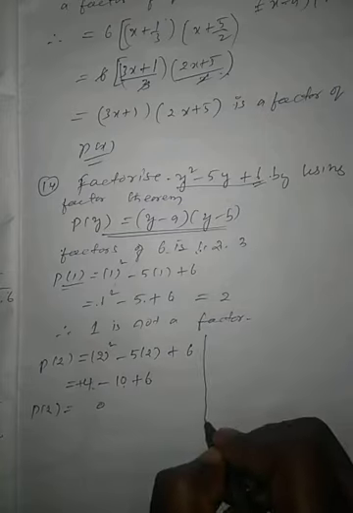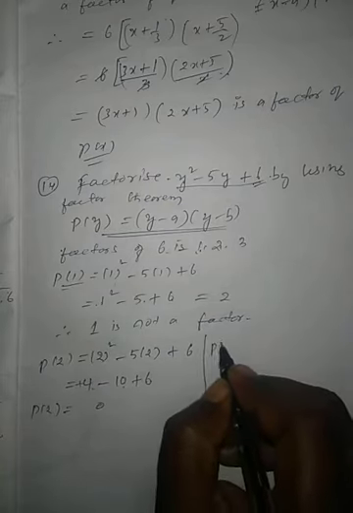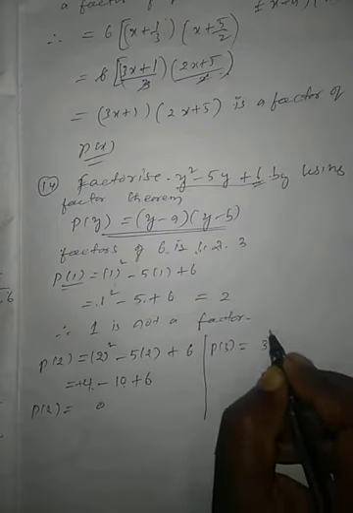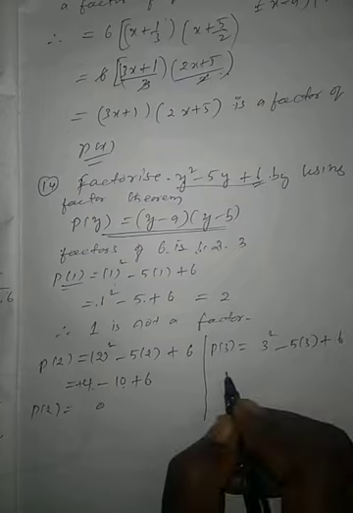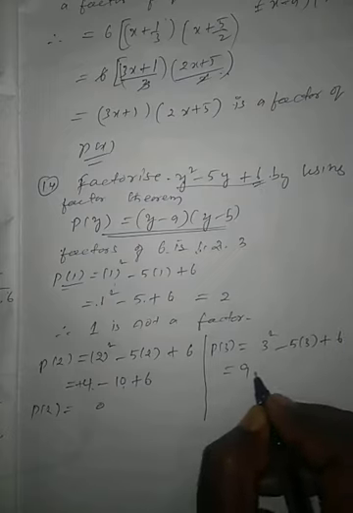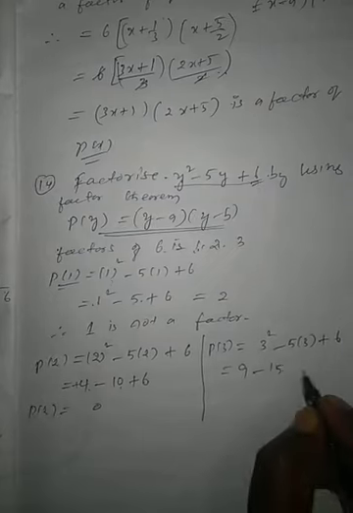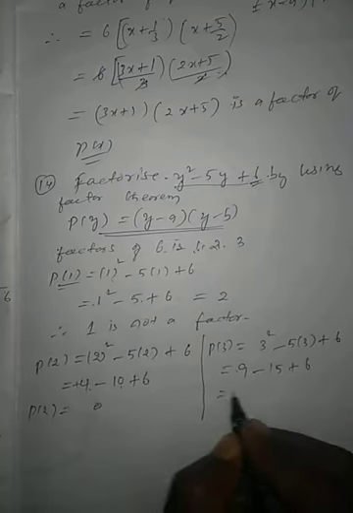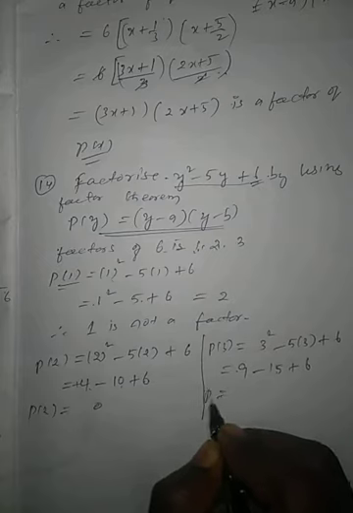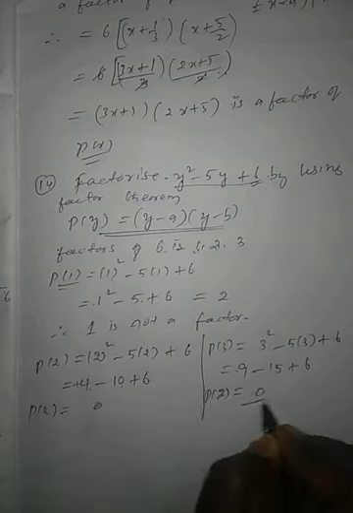Similarly, the next one is 3. p of 3 is equal to 3 squared minus 5 into 3 plus 6. 3 squared means 9, and 5 3s are 15, plus 6. Plus 9 and plus 6 is 15, 15 minus 15 is 0. So similarly, p of 3 is also 0.